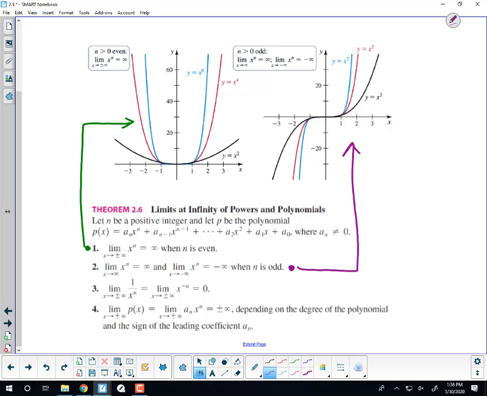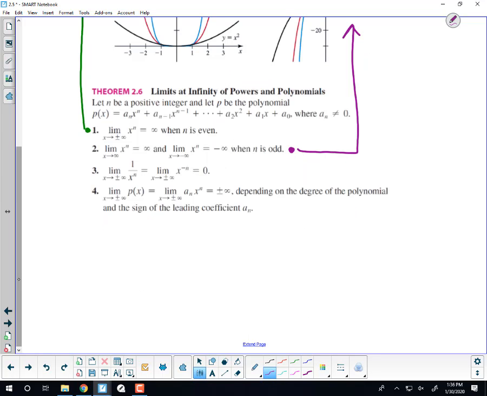Number 3 in that theorem is saying kind of what we alluded to earlier. If we've got a fixed number where the denominator is approaching positive or negative infinity, then the quotient approaches 0. Regardless of what that power is, right? In number 3, it doesn't specify. N could be even or odd.